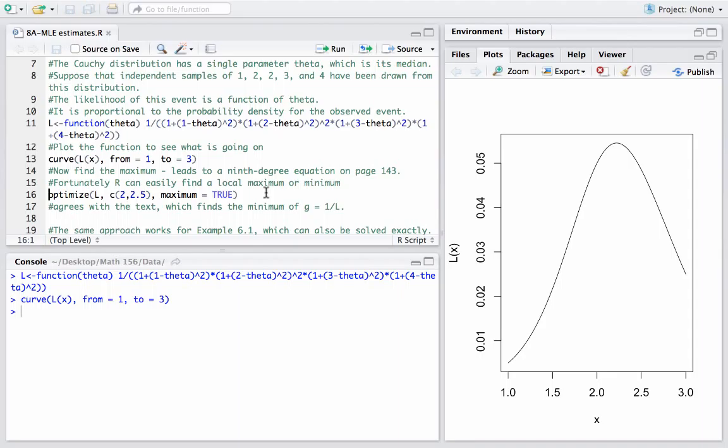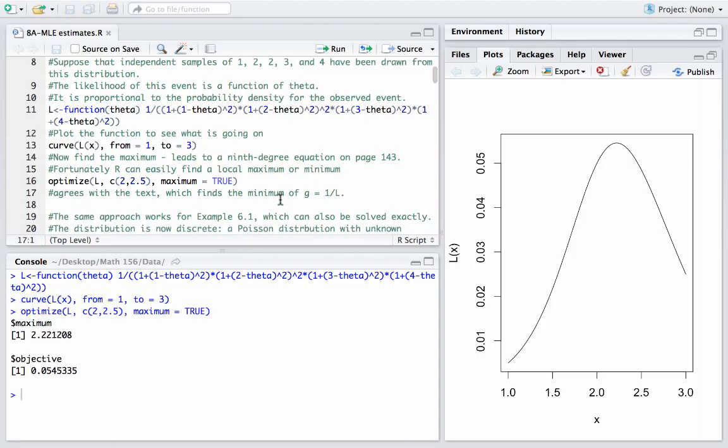But Paul started us with a very simple example, so we just give it the function we seek to optimize, our best guess for the neighborhood of the local max, which we can find, for example, by inspection in the one-dimensional case, simply by looking at this graph, and then this Boolean value maximum, which means, yes, we would like you to find the max in the neighborhood, not the minimum.